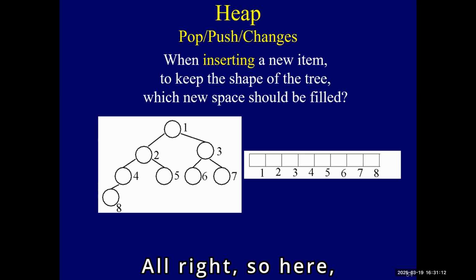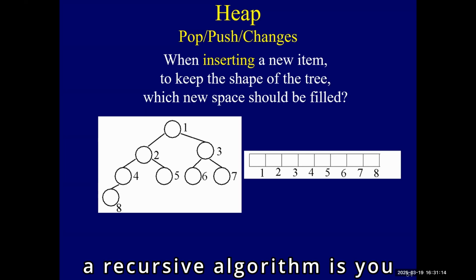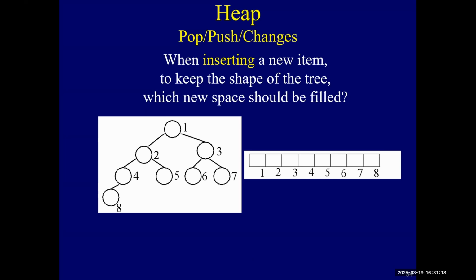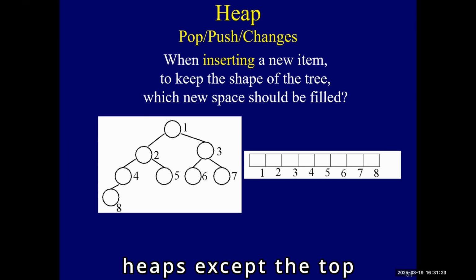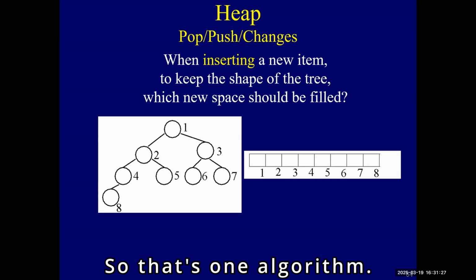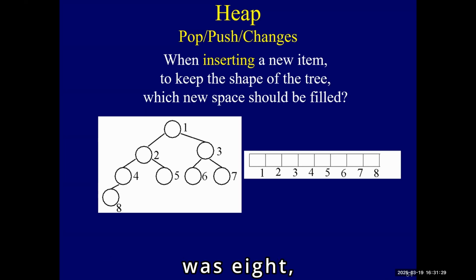So a recursive algorithm is you recursively make your left subtree and your right subtree heaps. And then it's all heaps except the top, and the top bubbles down, right? So that's one algorithm.